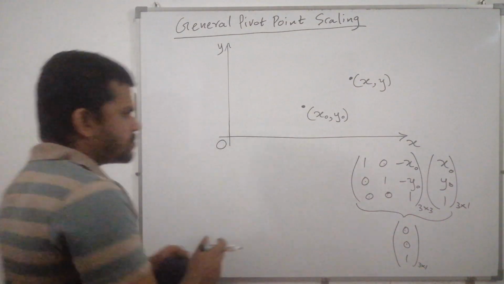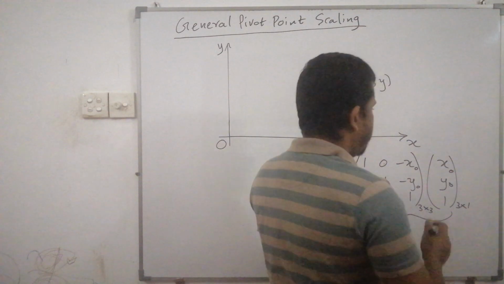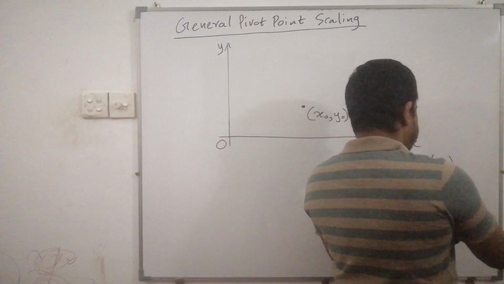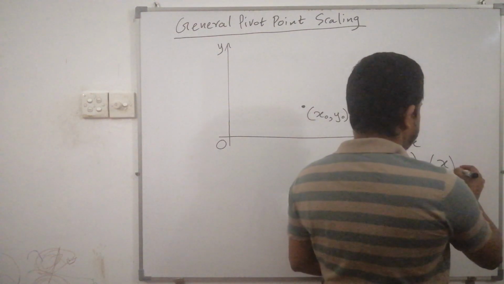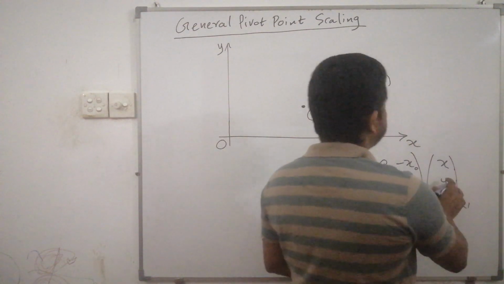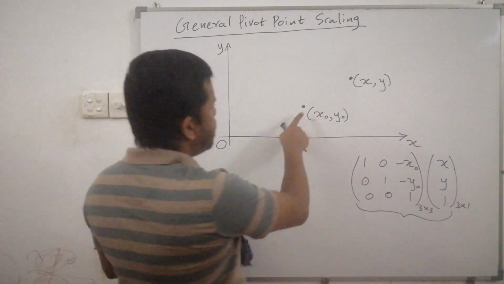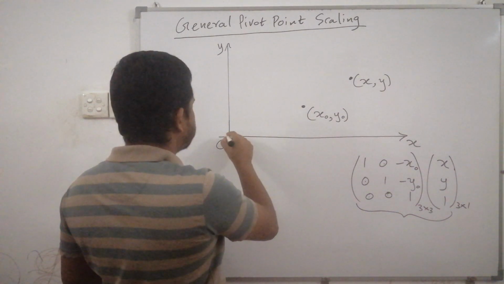Now, what happens if we apply the same matrix to this one? That means to the matrix that represents this point. So if it was this point, it will come to the origin.